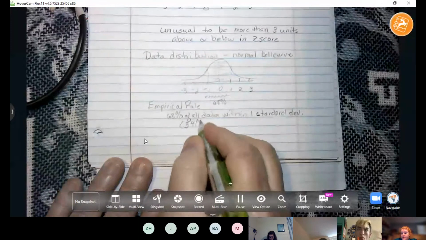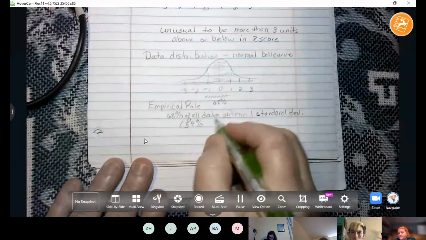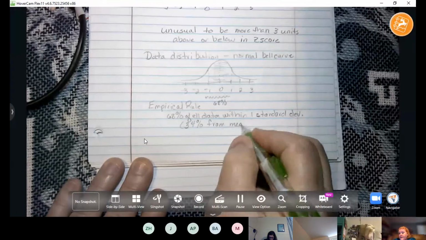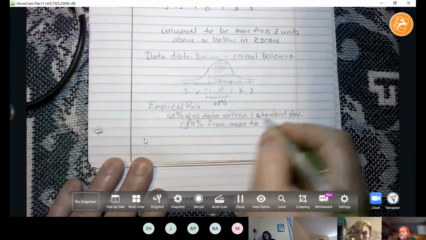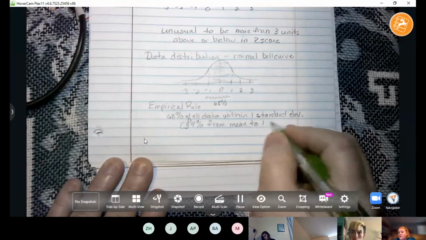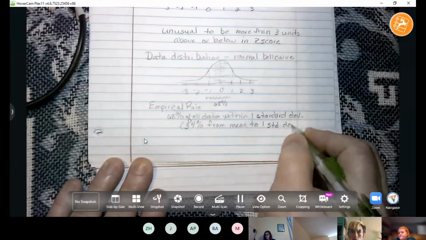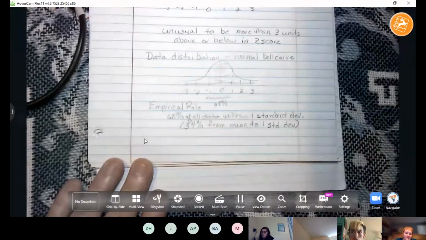Yes, 34% from the mean to one standard deviation. So just keep that in mind.